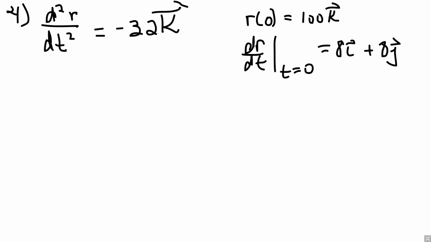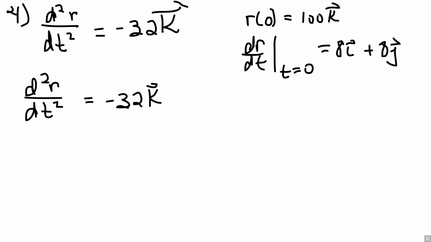So dealing with this differential equation, d squared r dt squared is equal to negative 32 in the k direction.